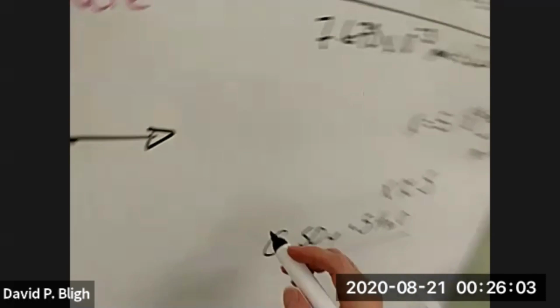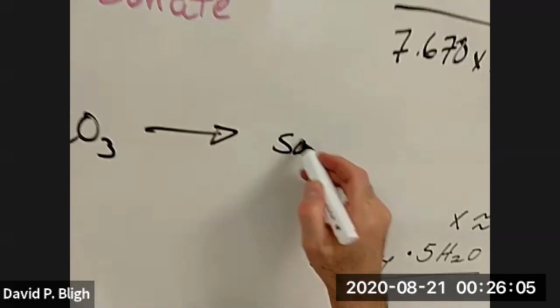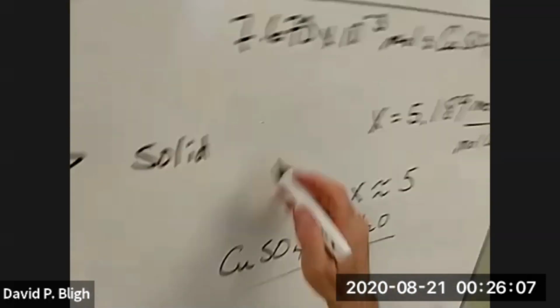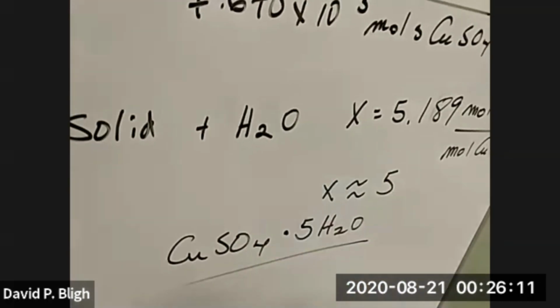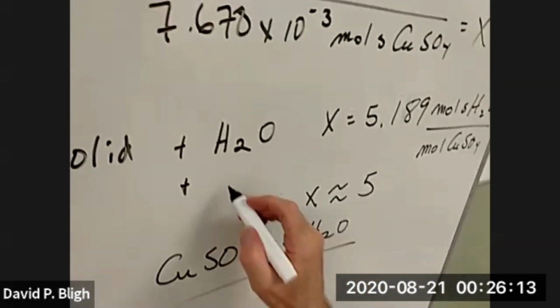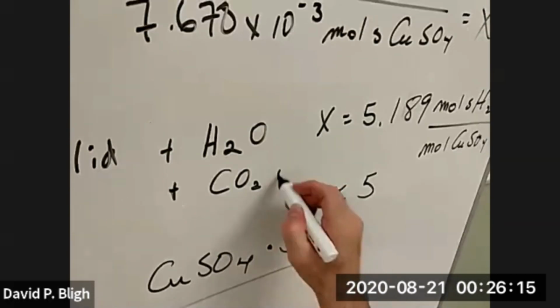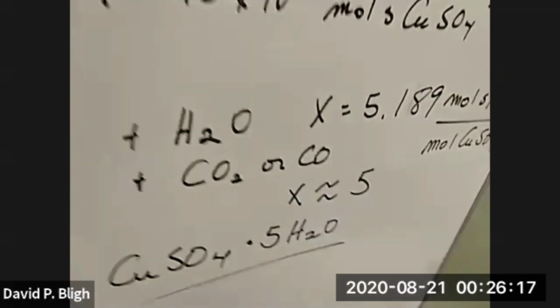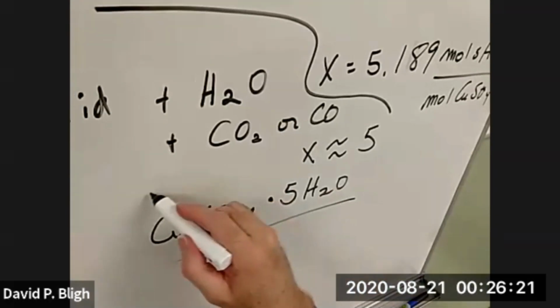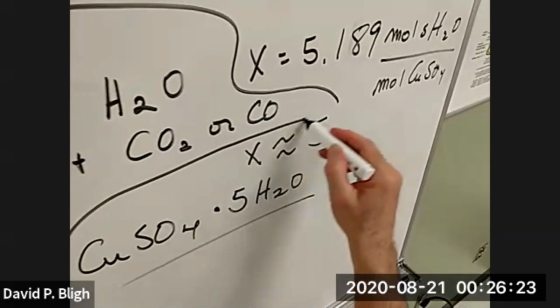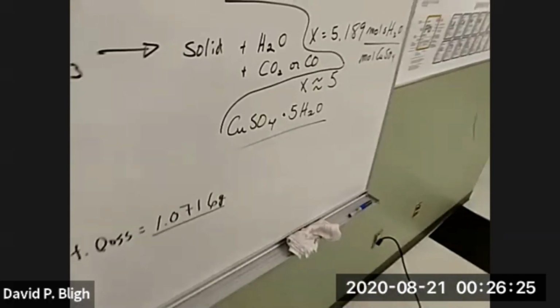Heated, and you can end up with some solid plus water is a definite possibility, plus something else. It could have been carbon dioxide or carbon monoxide. So we give you that much to discuss.